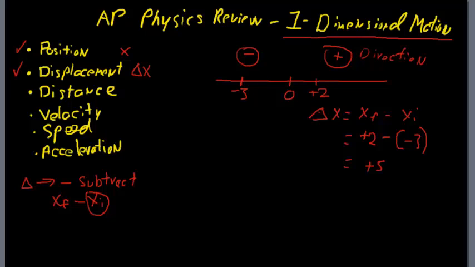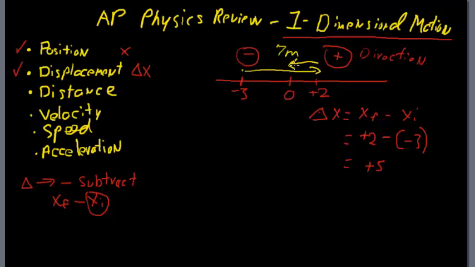If I were to start here, go to -2 and travel back to 0 right here, the distance I would have traveled would have been 5 plus 2, so I would have traveled a distance of 7 units, and let's just say they're meters, could be miles.